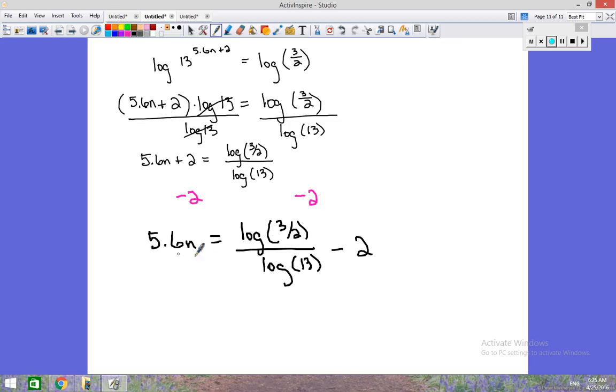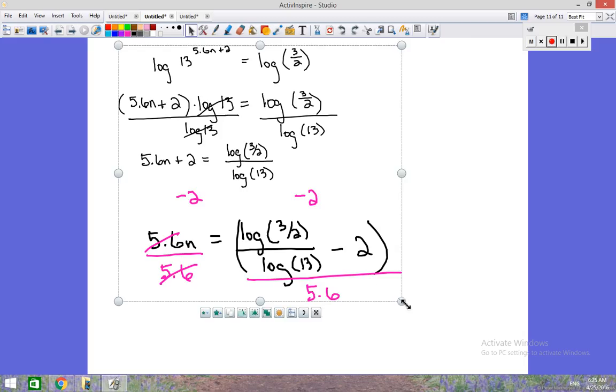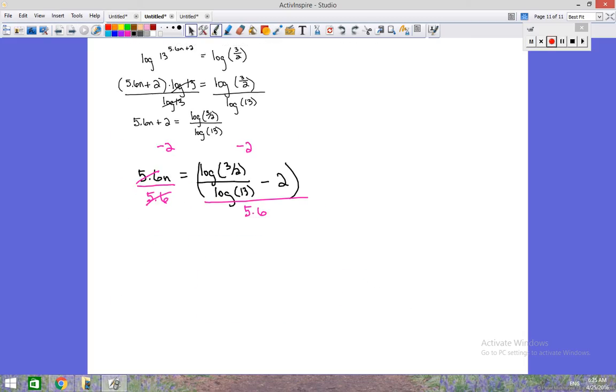And the inverse of multiplication is division. So if we divide this side by 5.6, we've got to divide this side by 5.6. And we are ready now to go to the calculator.